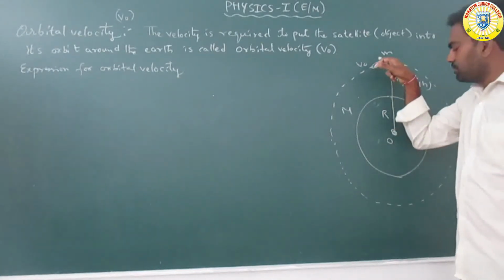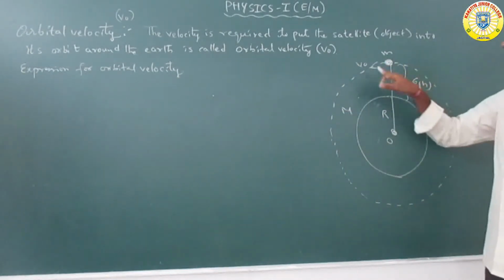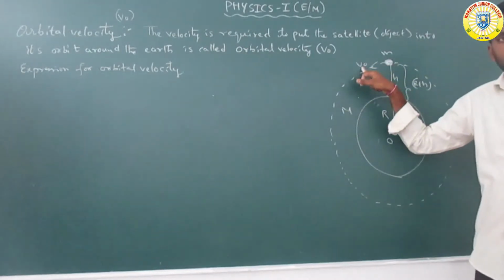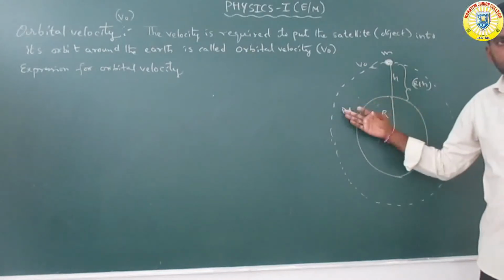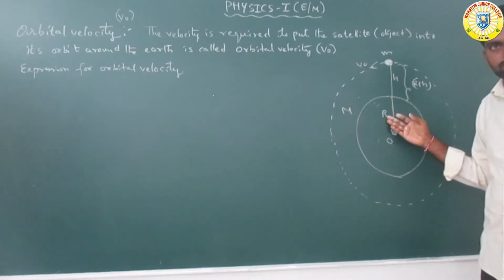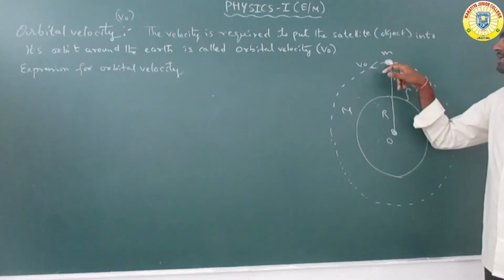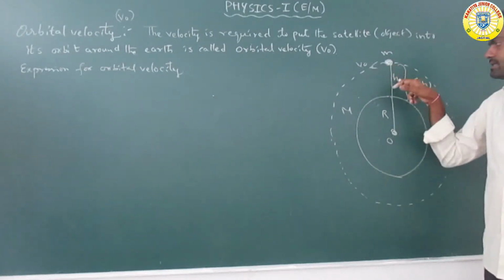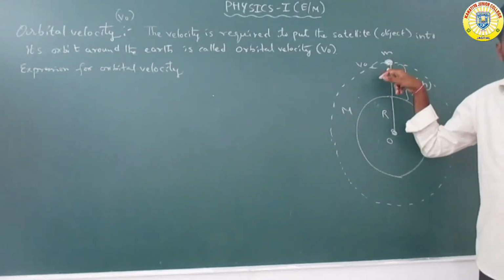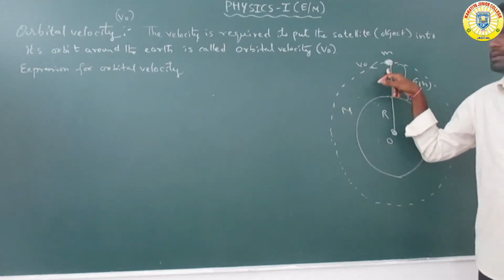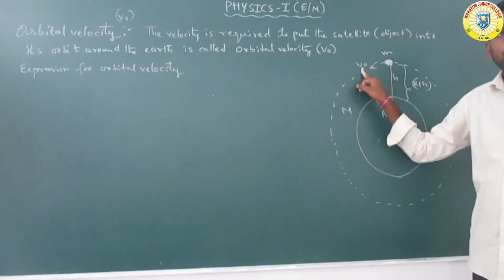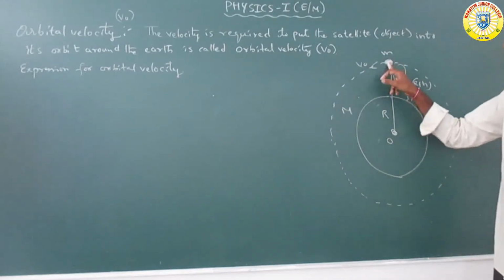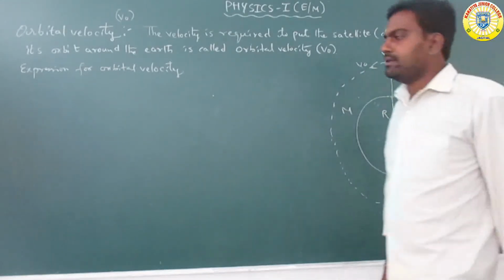The mass of the satellite is m, revolving around the planet with velocity V naught. So between the satellite and earth, there is the gravitational force.